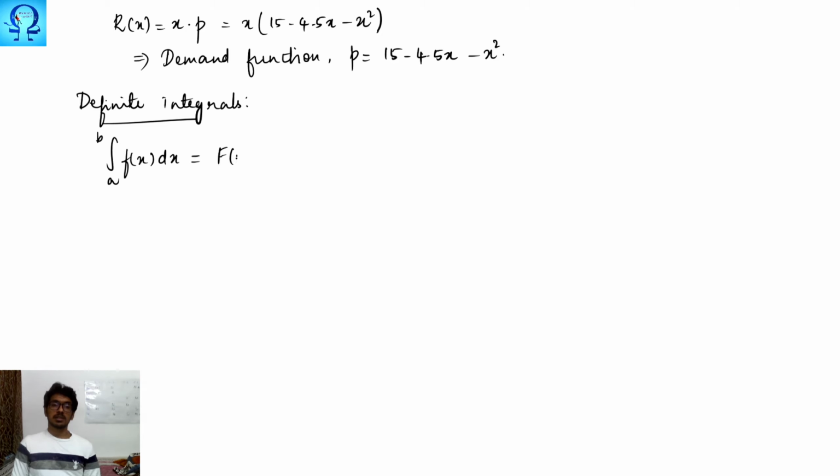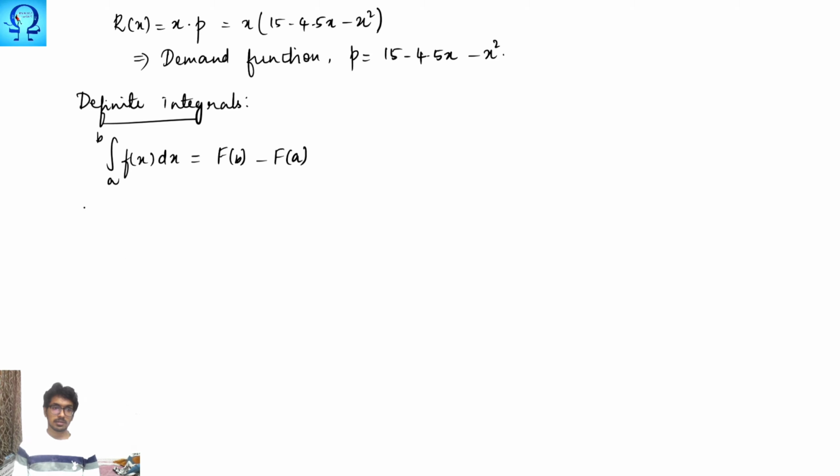This shall be written as F of b minus F of a. You know what is big F and small f. Small f(x) is the integrand and big F is the integral or the antiderivative of small f, and this a is called the lower limit of integration and b is called the upper limit of integration. Fine.